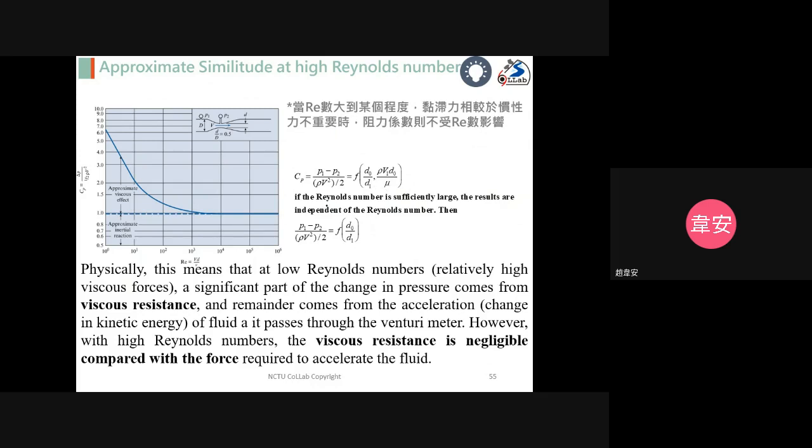So if the Reynolds number is large enough, the results are independent of the Reynolds numbers. So we know that the CP, the pressure coefficient, is only a function of the diameter ratios. So these two equations just highlight some ideas for the Reynolds numbers and the pressure coefficients.